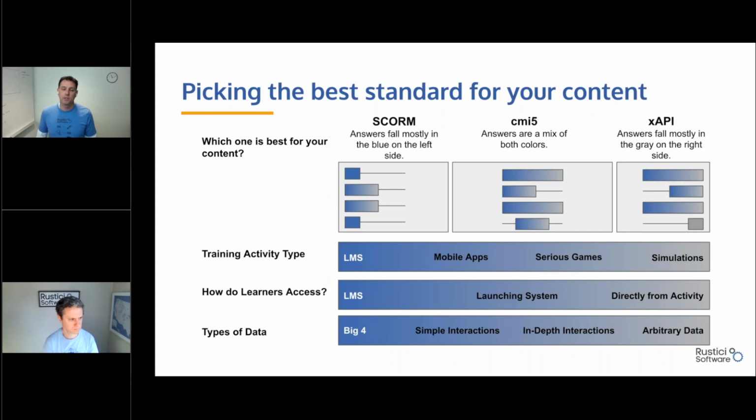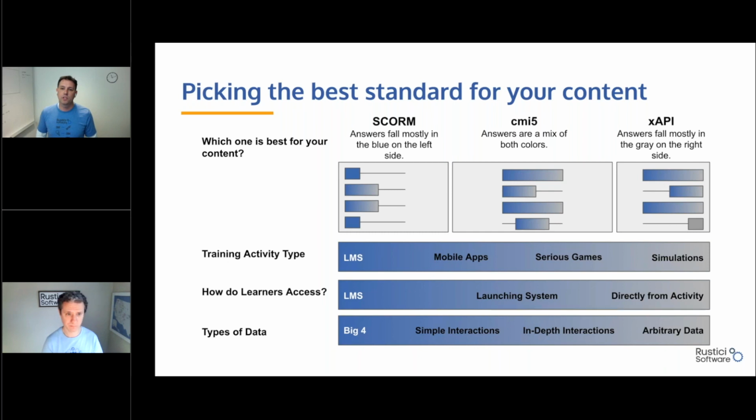So it is still the concept of an individual learner being launched from a system, whether you call that an LMS or an LXP or whatever. But it allows you to capture more rich data. It allows you to capture those types of interactions that you might see from a CPR dummy or from a VR environment where a user is interacting with the environment. Those are the types of things that we see with in-depth interactions.